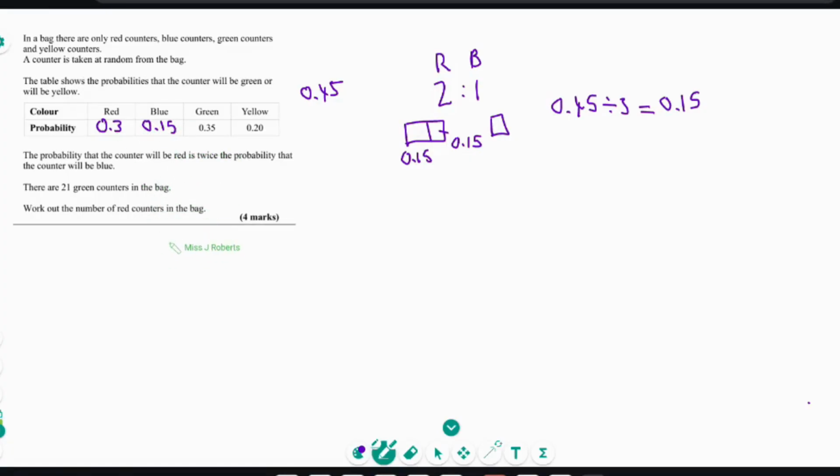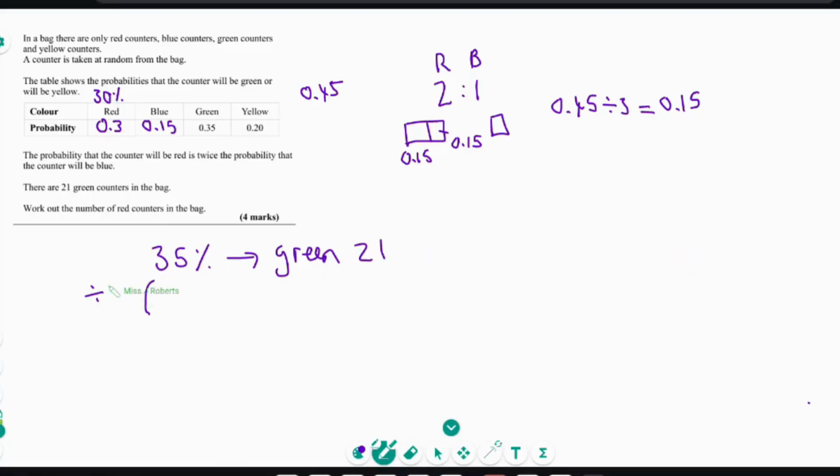There are 21 green counters in the bag. Work out the number of red counters in the bag. Green is 0.35, or we could say 35% are green, which is 21. I'm going to get 1% and then get my red, which is 30%. 0.3 is 30% as a percentage.